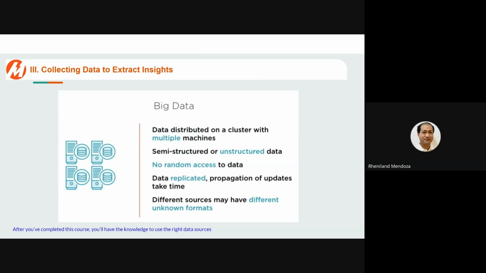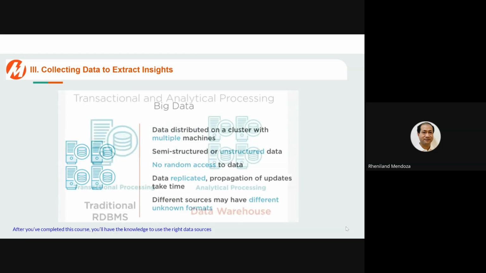When you're working with very large data, you're likely to have multiple sources from where you ingest data. I believe this is also in your case. And as such, different sources may have different unknown formats.